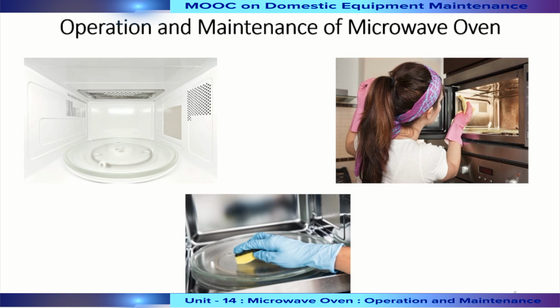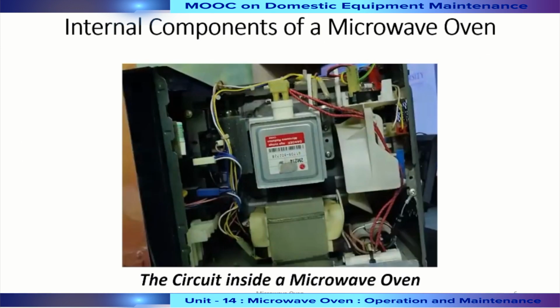It needs to be cleaned with a wet cloth or mild detergent. No acidic substance should be used for cleaning the inside portion of the microwave oven, that we must keep in mind. And after opening the microwave oven, we can see the internal components.